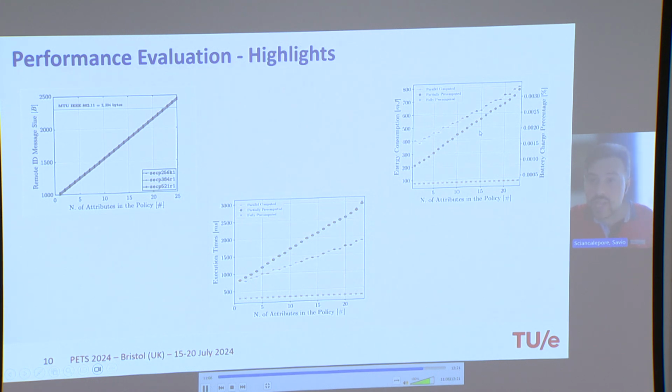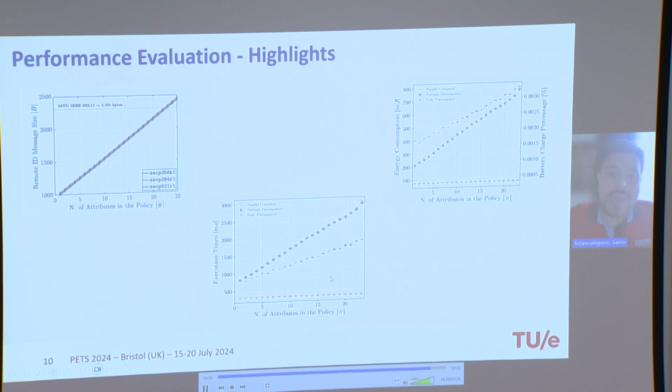For the energy consumption, especially if you look at the y-axis here on the right, you see that even in the worst case, we consume always less than 0.0035% of the battery that is included together with the ESP32 drone. So our solution, independently from the specific configuration, is also particularly efficient.